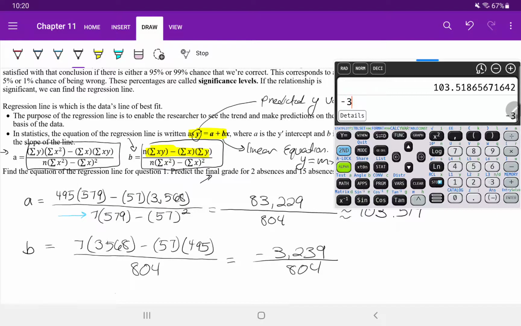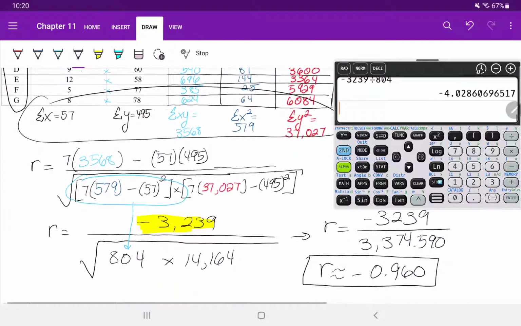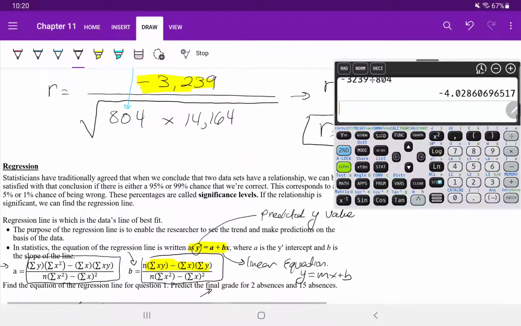Let's go ahead and do that. Let's take three numbers after the decimal. That is going to be equal to negative 4.029. That is going to be the slope of my regression line. Let me double check to make sure I have the right numerator. Yes, I do. 3,239.